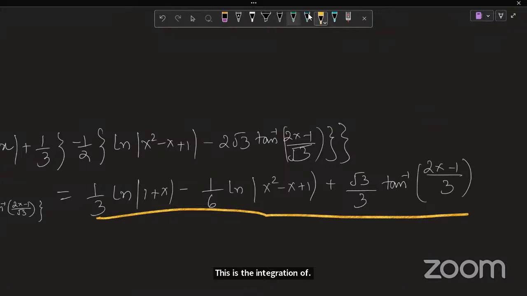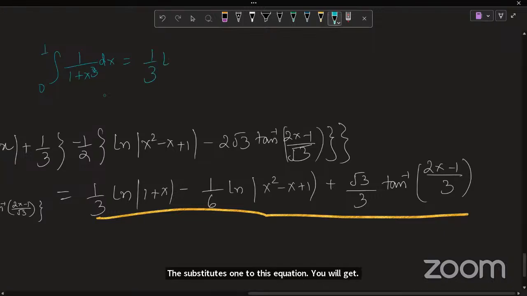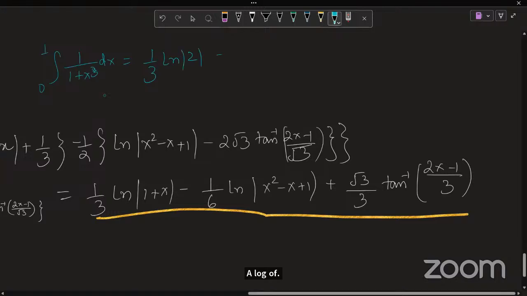And now you can put the value from 0 to 1. First of all, put 1 and then put 0 and subtract. So to find the integral from 0 to 1 of 1 upon 1 plus x cube dx, just substitute 1 into this equation, you will get 1 by 3 ln 2 minus 1 by 6.